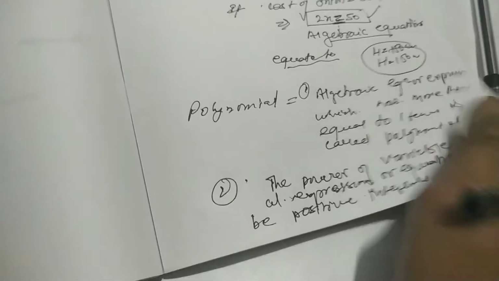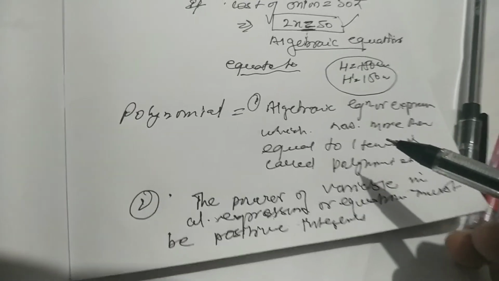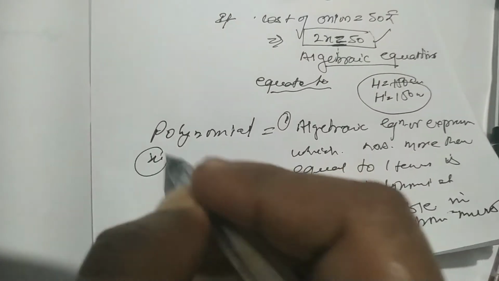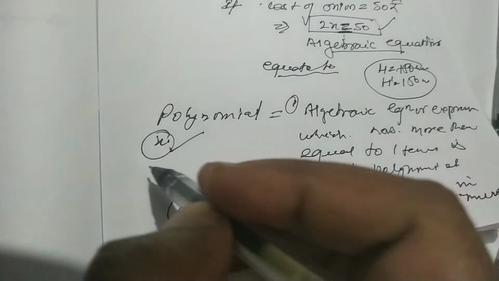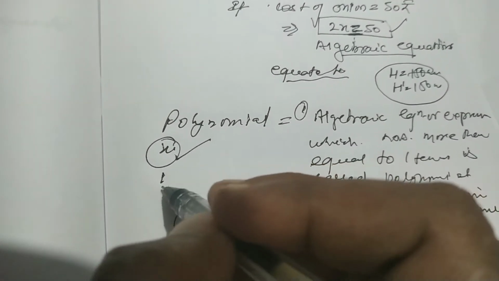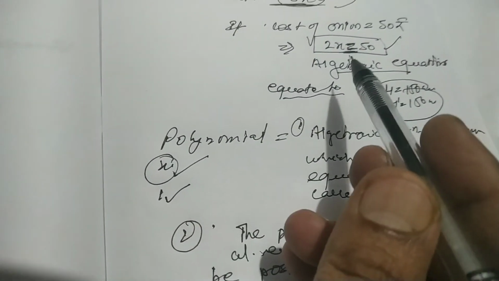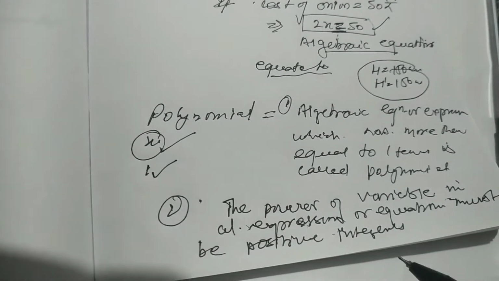That means first it has more than or equal to one term. Like we have discussed, if I write only x, this is a polynomial, and if I write only 1, this is also a polynomial. If I write 2x, this is a polynomial. If I write 2x is equal to 50, that is a polynomial.